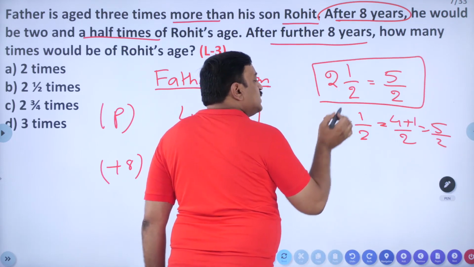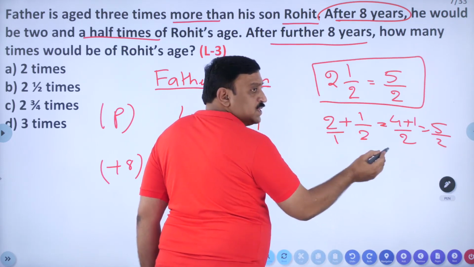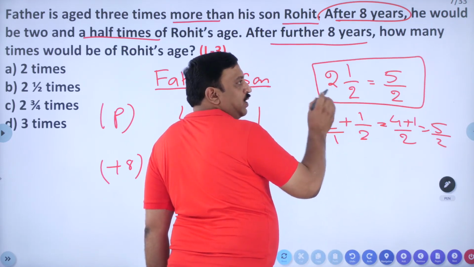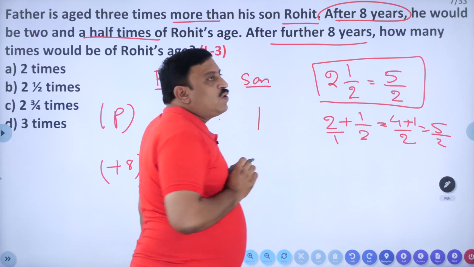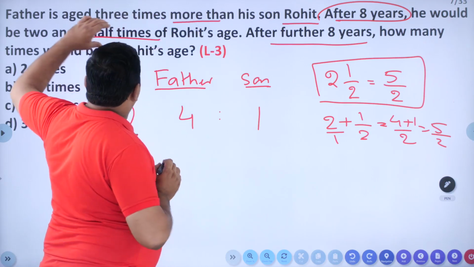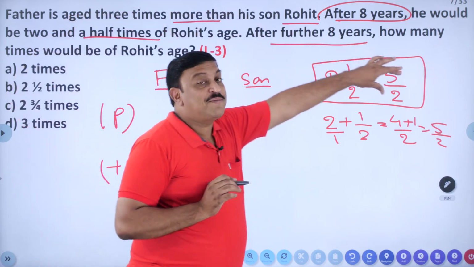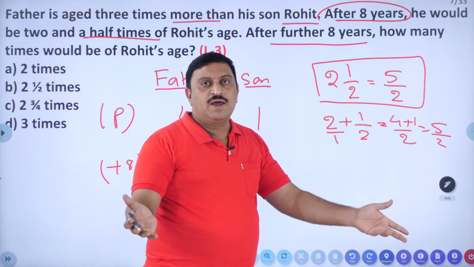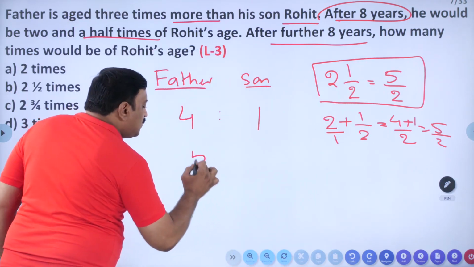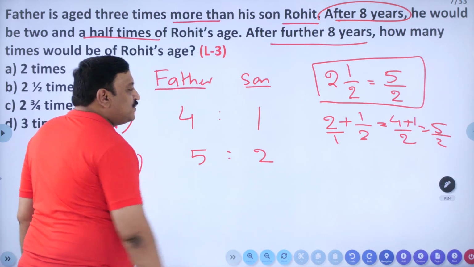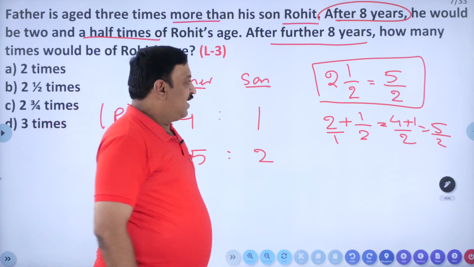This is a long way, that is LCM. This is directly a shortcut, right? 2 twos 4 plus 1 is 5. Okay. So instead of 2.5 times, I can say 5/2 times. Our job is done. 5/2 times means we know it is 5:2. Clear? Okay.